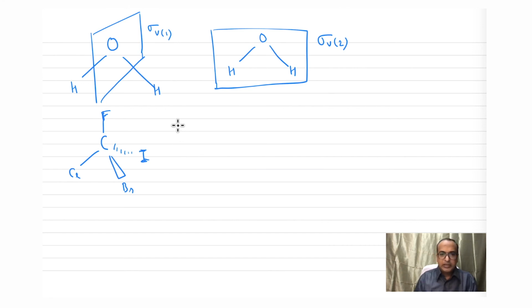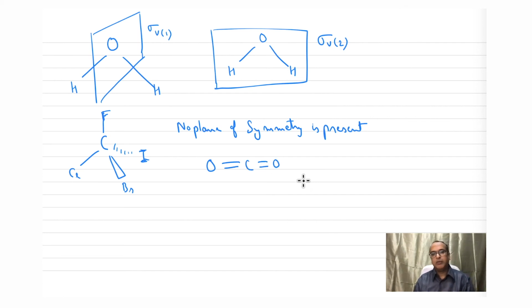So in this case there would not be any plane of symmetry. So no plane of symmetry is present. Okay. So let's also look at linear molecules. Let's say CO2. How many planes will be present? Infinity.